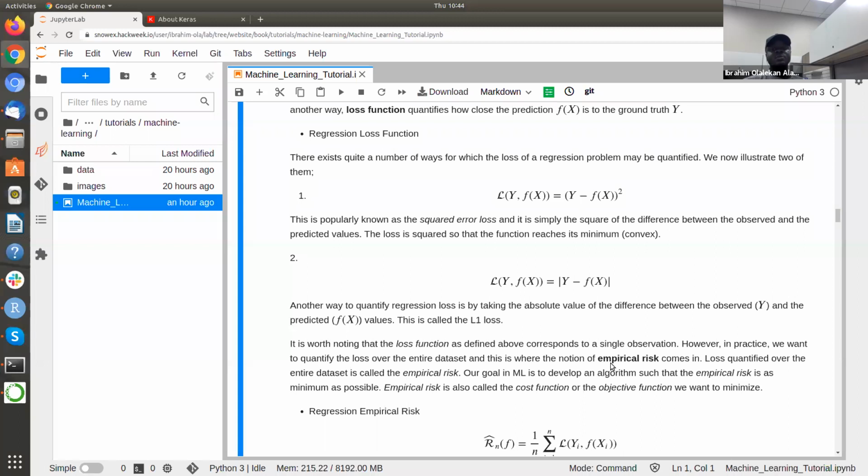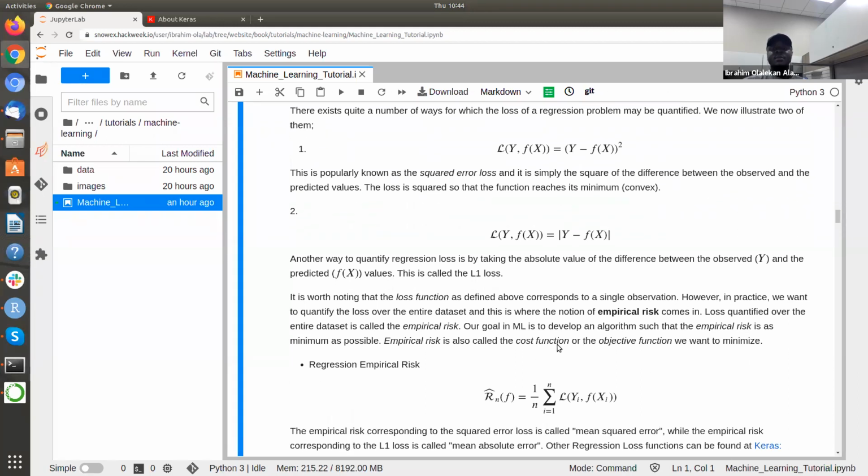Some people call it the objective function, some call it the cost function. Whatever name you decide to call it, what we want to do in machine learning is to minimize the empirical risk, which is the risk quantified over the entire data set. Quantifying the risk over the entire data set is really just adding the losses for all the observations and then dividing by the sample size.